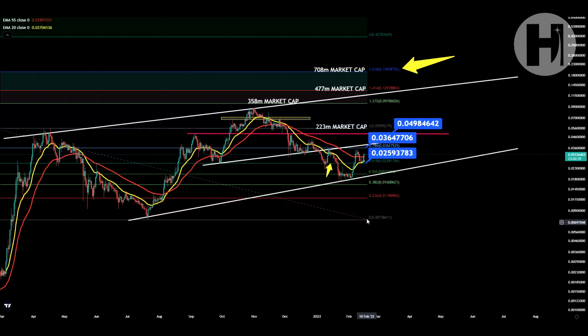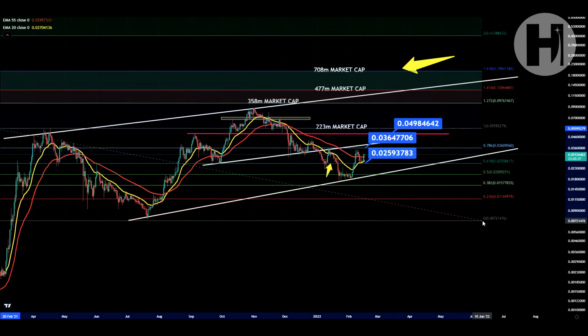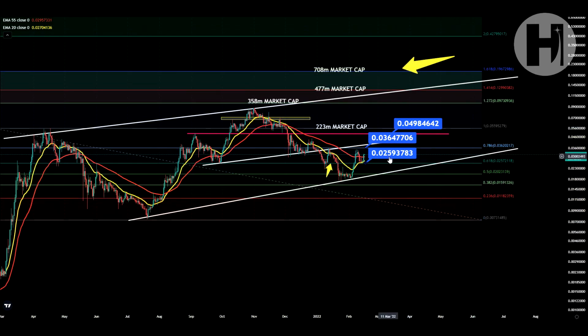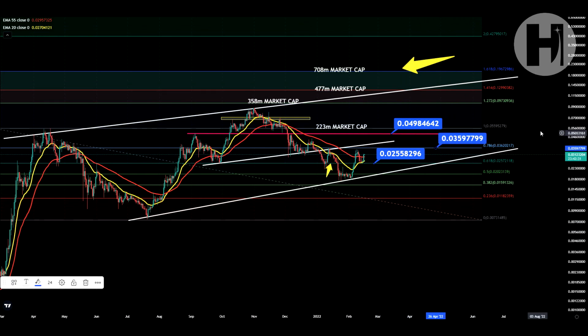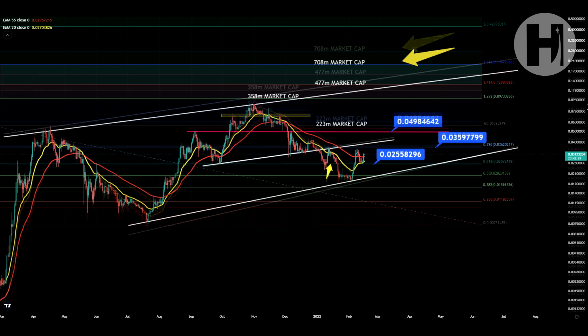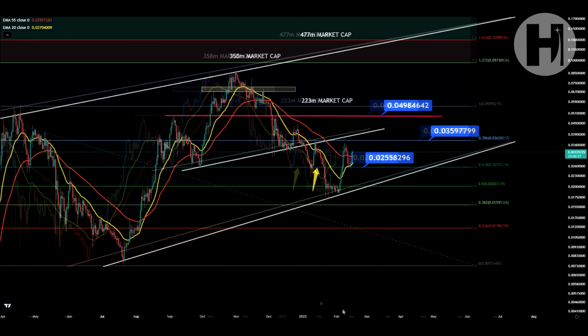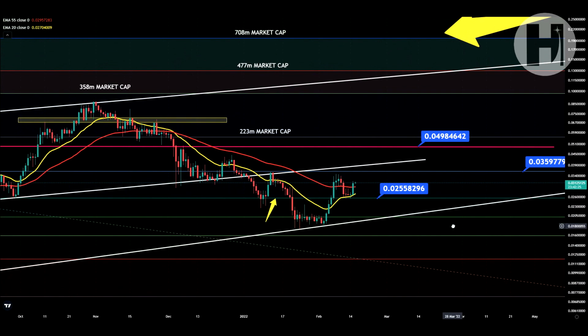Let me just extend the Fibonacci retracement so that we can get our price tags moved to the right side here, so that they don't cover the price action candles. Now, like I said, we have bounced off the 20 EMA, which was a major support level we needed to hold.